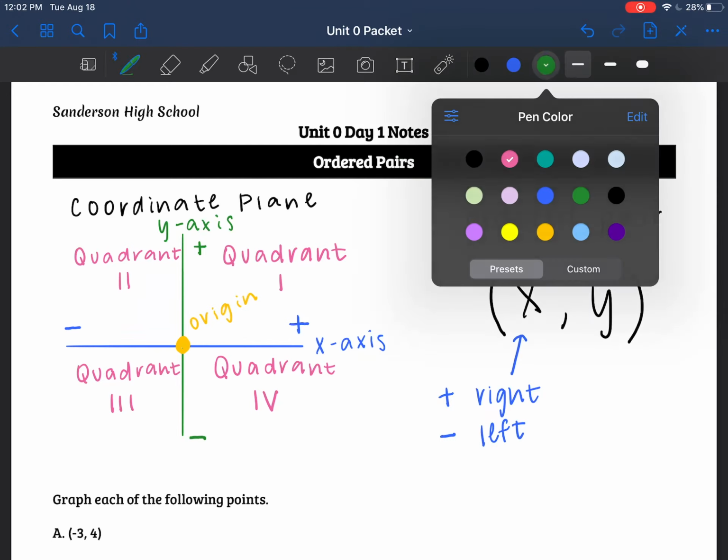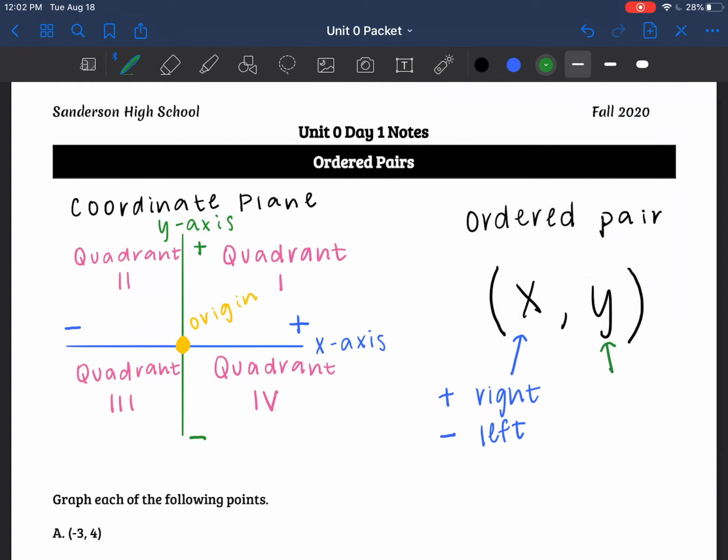For our y value, we're moving along the y-axis, so we're talking up or down. We would go up if it's positive and down if it's negative. It is important to remember we are always going to start at the origin. Every single point, we always go back. That's always our starting spot.